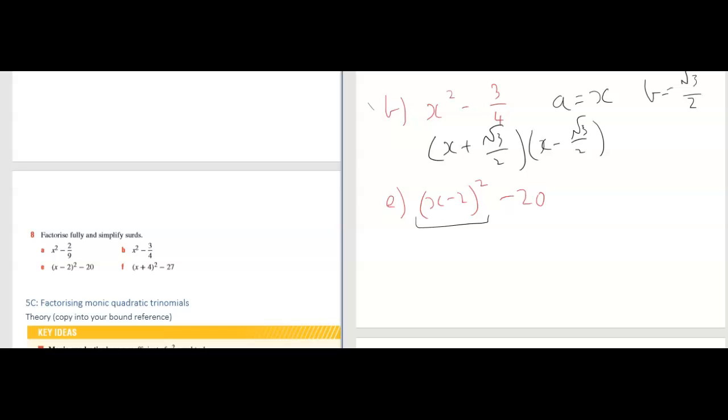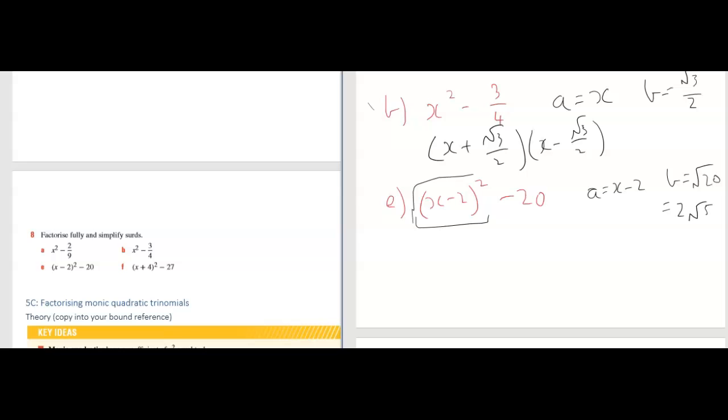So if we were to take the square root of this, we would get x minus 2. And then we've got the square root of 20. Now the square root of 20 you can simplify, so we've just done surds, so I'm going to write the simplified version there, 2 root 5.